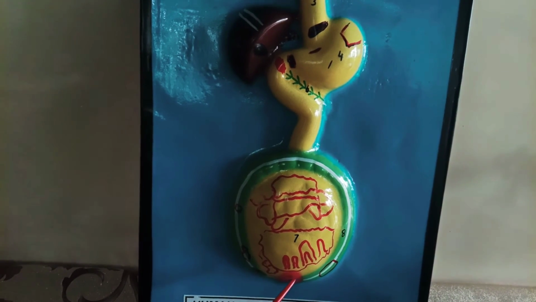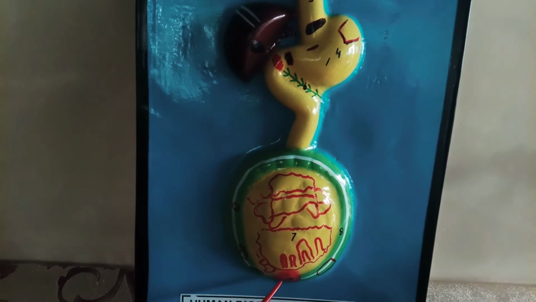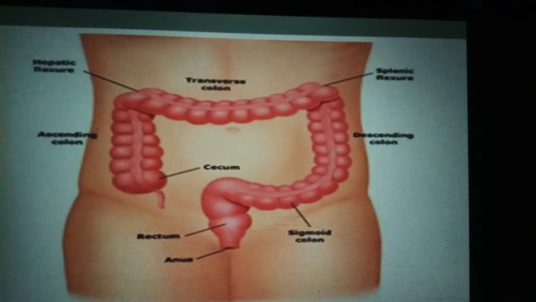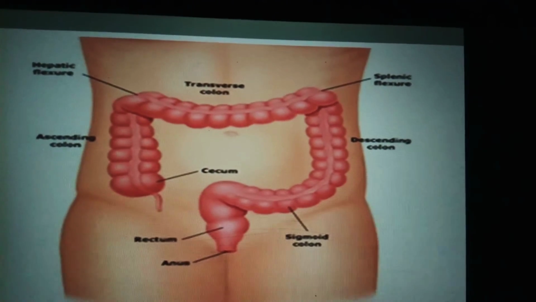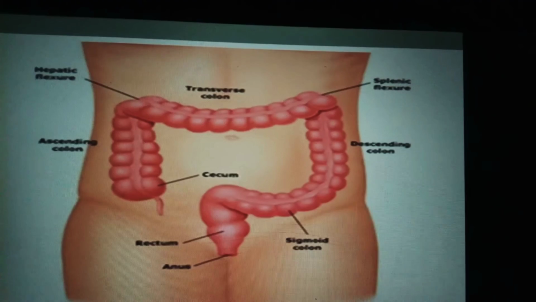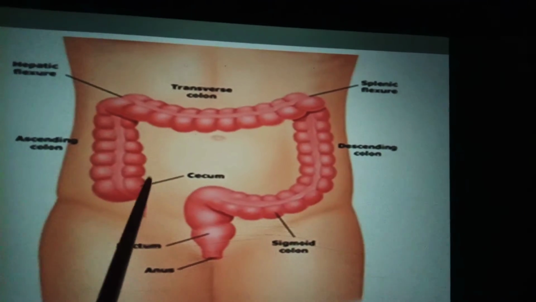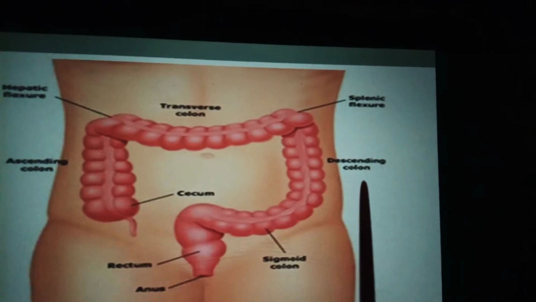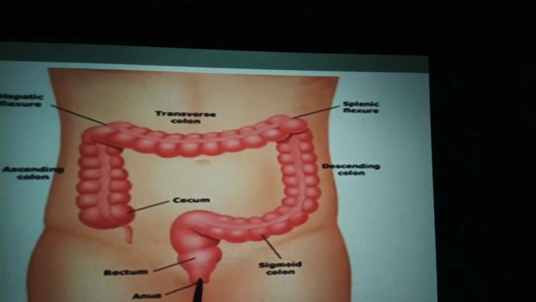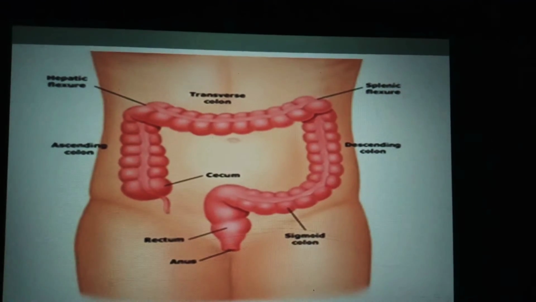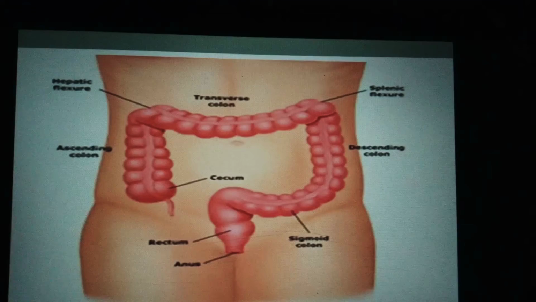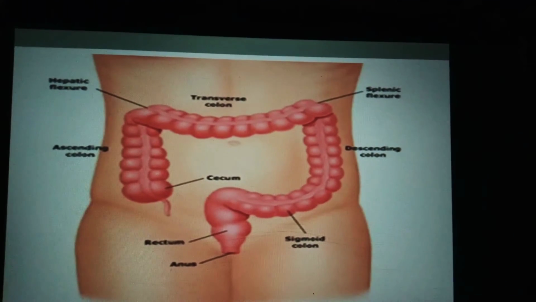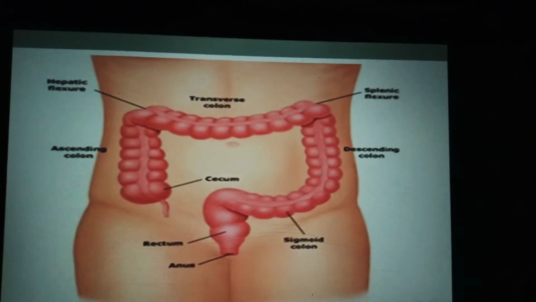Then this part is the rectum and the last one is the anus. So here you can watch the parts of the large intestine: cecum, colon, rectum and anus. The cecum forms a T-junction with the small intestine, colon and rectum.